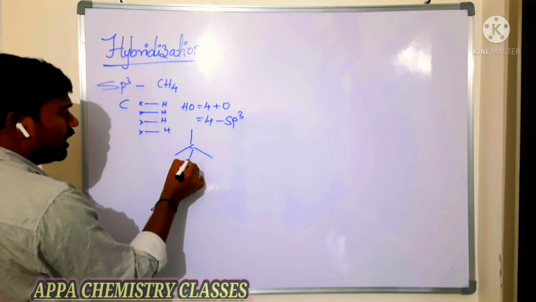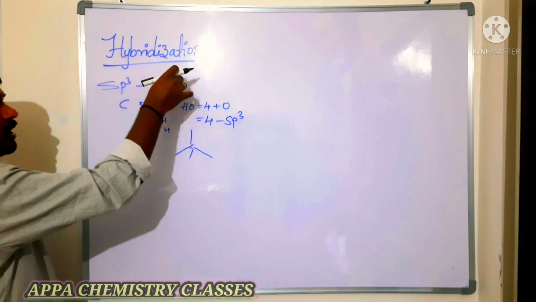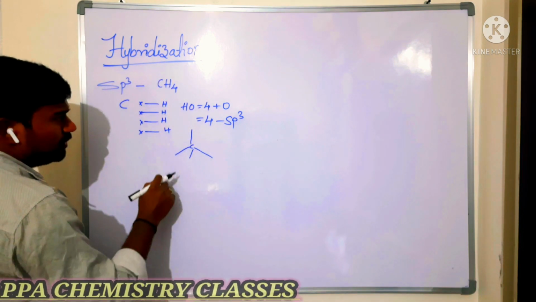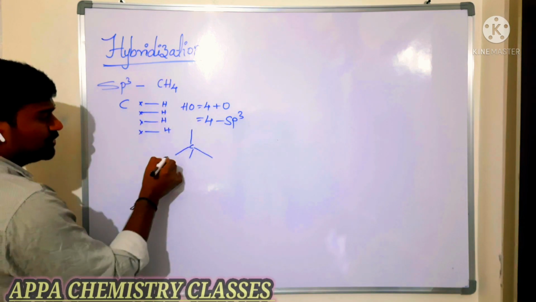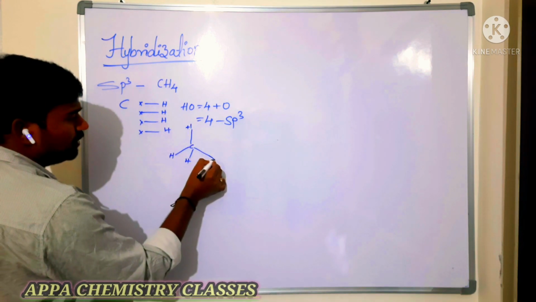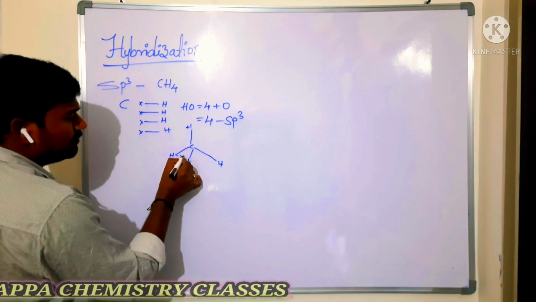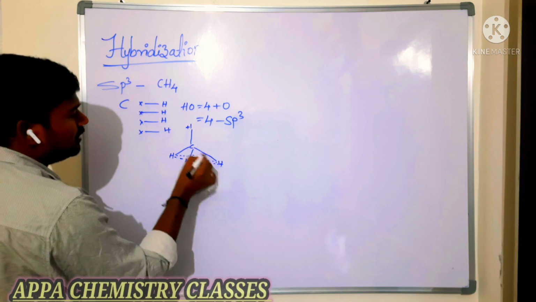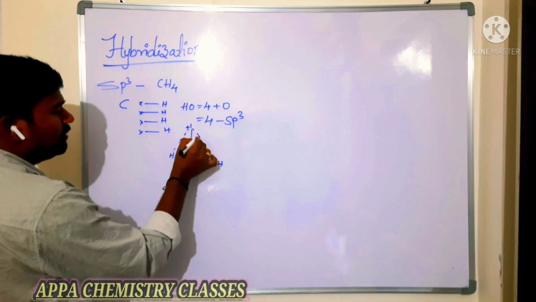Those tetrahedral hybrid orbitals will overlap end-to-end with the hydrogen atoms. They will form sp3-s sigma bonds. This is about the tetrahedral geometry of methane. Is that clear? So this is the tetrahedral geometry of methane.